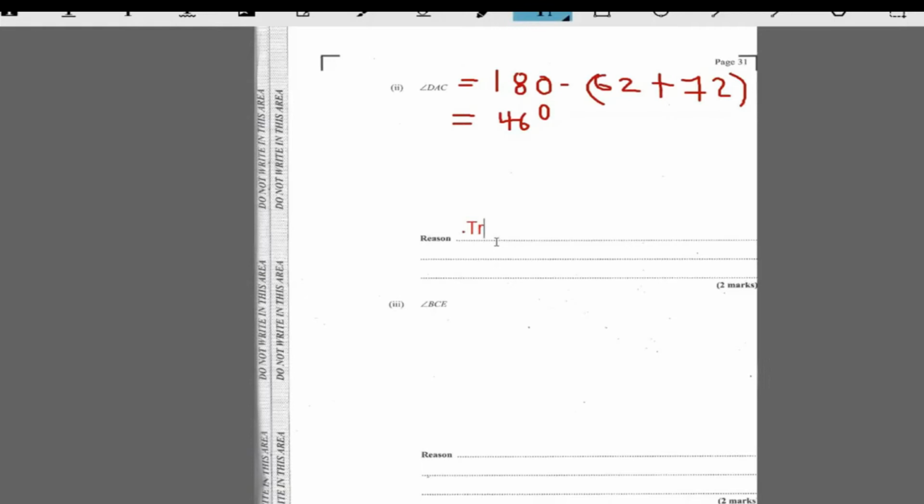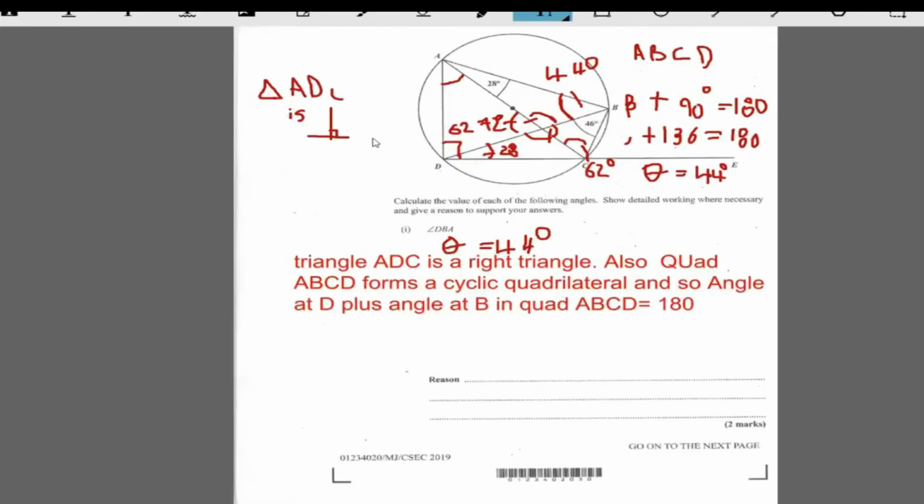So triangle ADX is similar to triangle ABX, because I label this point as X. Triangle ABX is similar to DXC.